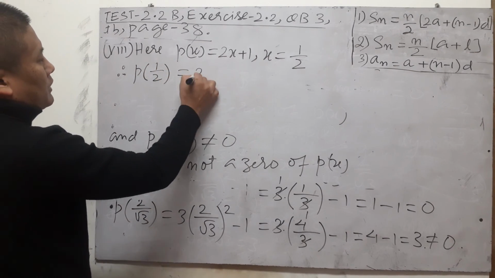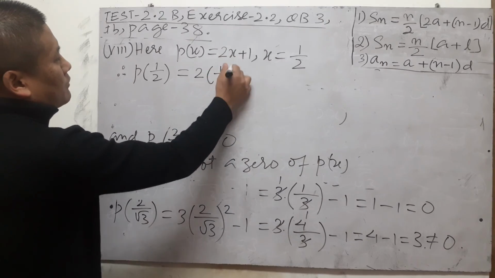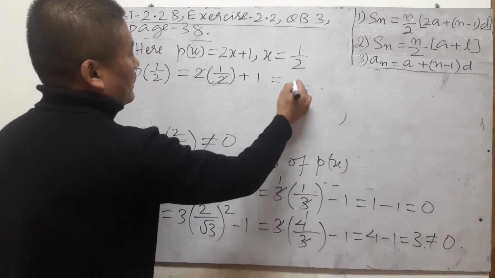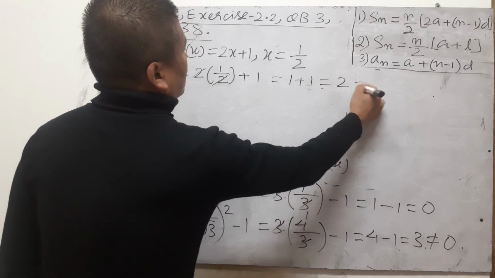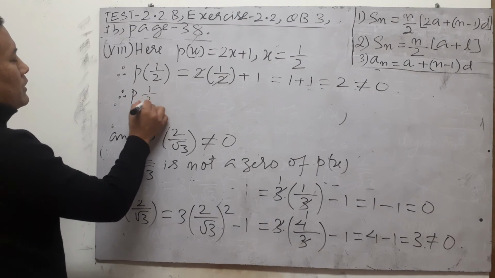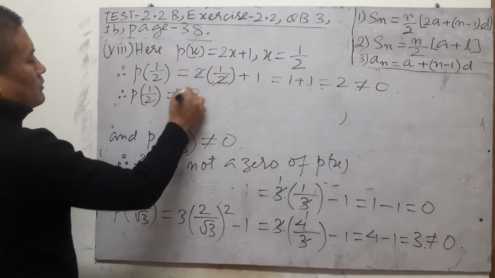So when x is 1 by 2, this x will be replaced by 1 by 2, plus 1. So this 2 and 2 cancel, so we're left with 1 plus 1 equal to 2, which is not equal to 0. Therefore p of 1 by 2 is not equal to 0.